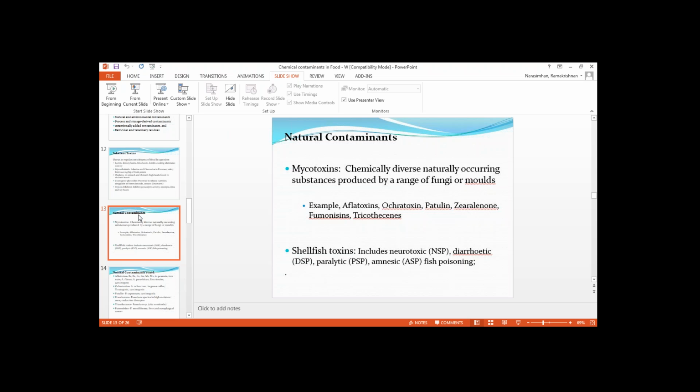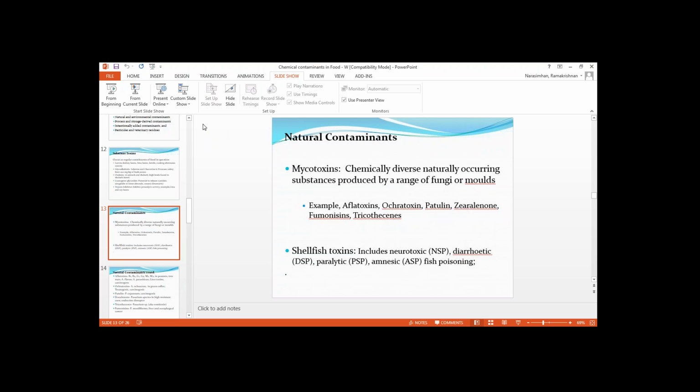Aflatoxin B1 is probably the most toxic and carcinogenic. Aflatoxin production is very high in warm temperatures. When the temperature and humidity are favorable, these molds produce these toxins, particularly in tropical and subtropical regions, on corn, peanuts, cottonseed, tree nuts, etc.